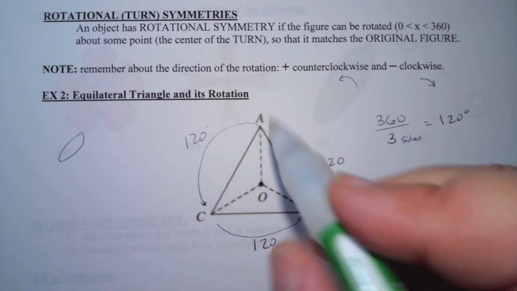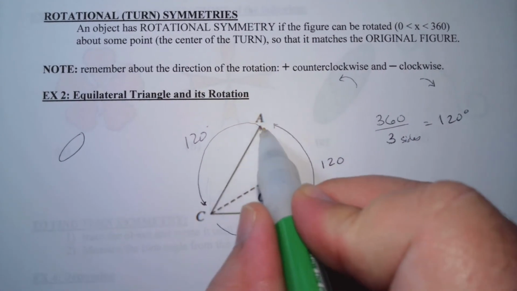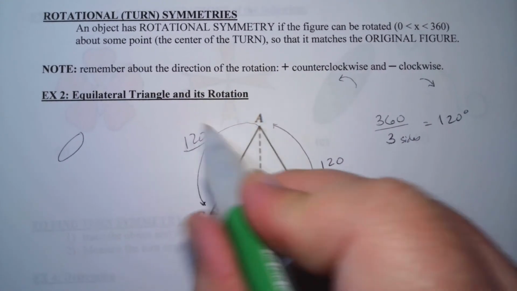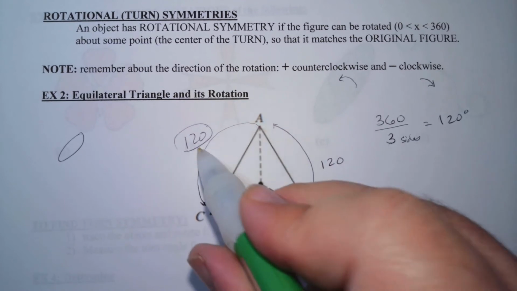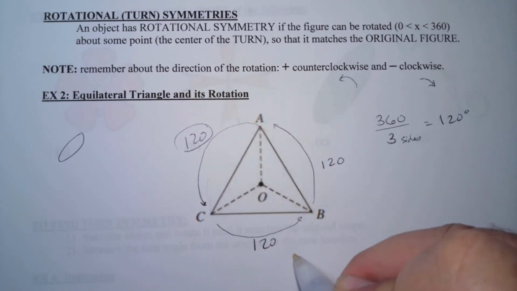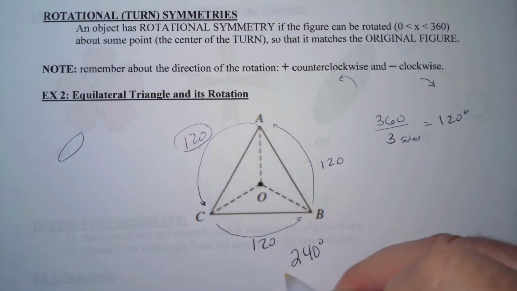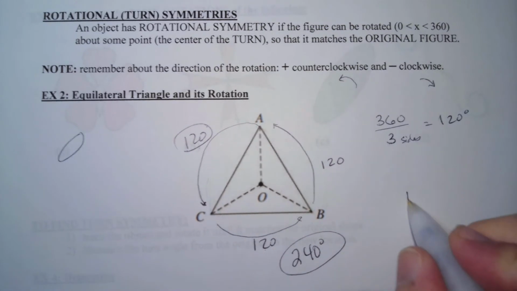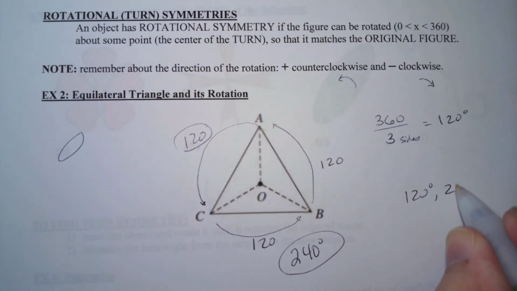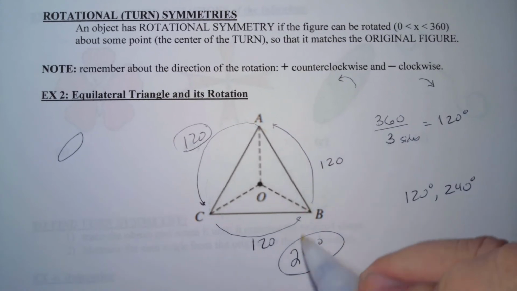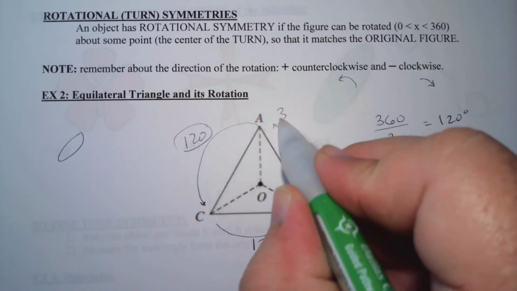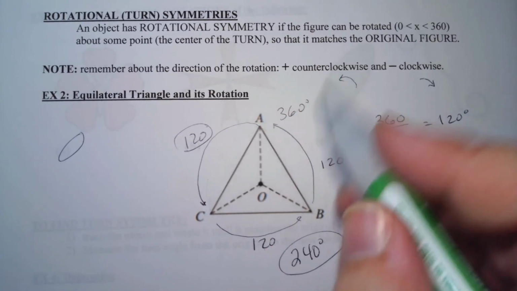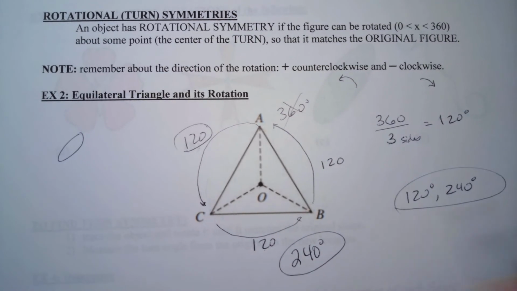So the rotational turns here are from A to C, that's 120 degrees. 120 and 120 is 240 degrees, that's the second one. If I do it again, I get 360, and that doesn't count. So we have 2 rotational symmetries.